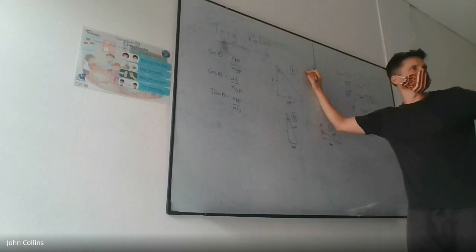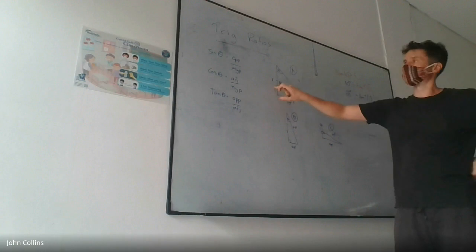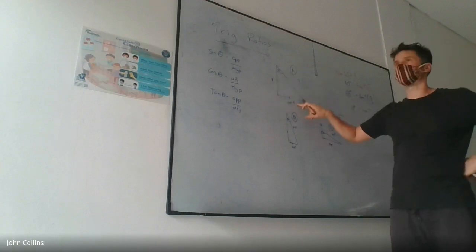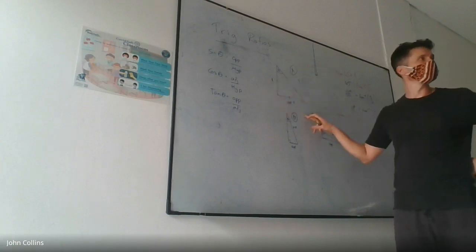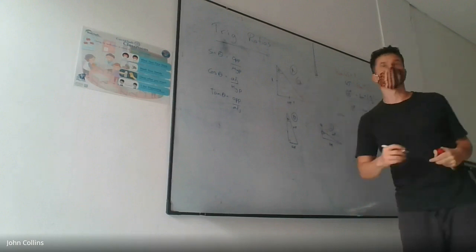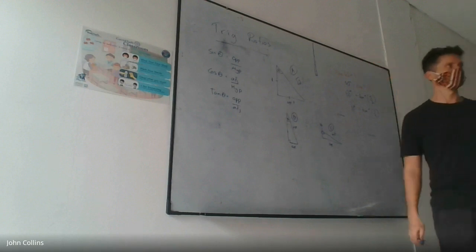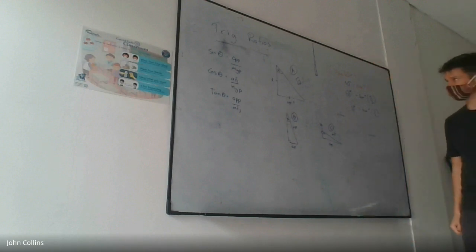What particular theorem would find the length of the hypotenuse? Pythagoras, yeah. 1 squared plus 1 squared, square root. So 1 plus 1, square root, is square root of 2. Whatever the square root of 2 is, it's 1 point something. We just leave it as square root of 2.